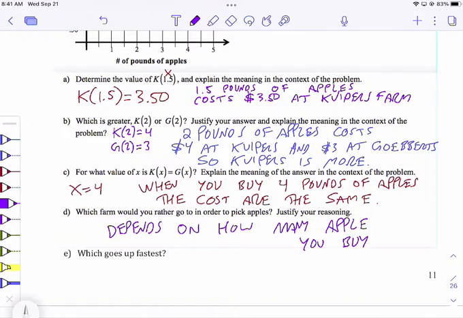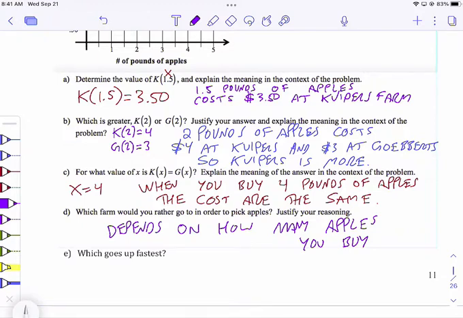You're right, but it wouldn't be really wrong to say how many apples, right? Because the amount of apples would affect the amount of pounds. So it depends on how many apples or pounds of apples. I think it would be safe either way. If you said Kuipers because I hate apples, that would be an okay answer. Or you write Go-Birds because I would buy 1,000 pounds of apples, then that would be okay too. Okay, so that one's your opinion.